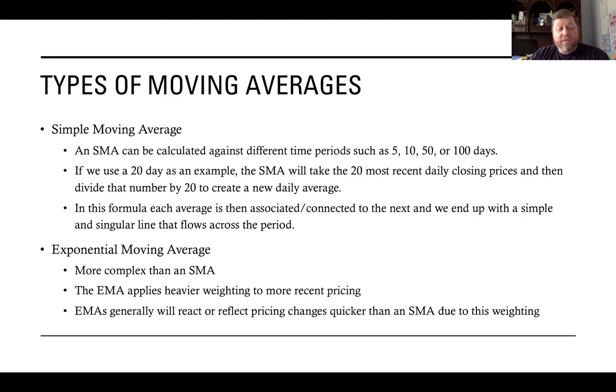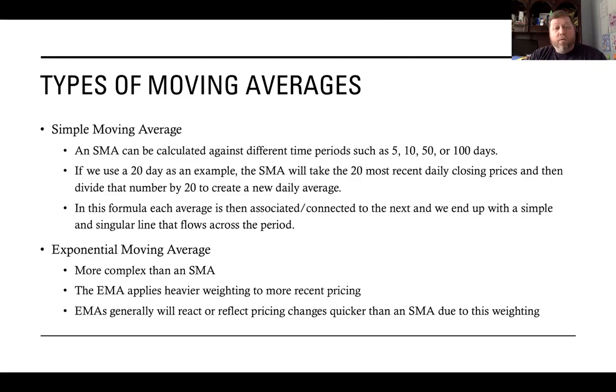Now, what's different is in the EMA model, we put more strength or more weighting on the most recent pricing, because in this model, what we're saying is, hey, the pricing from days ago, weeks ago, years ago, it's important to know those numbers. But the most recent period of time, those most recent average prices, are more likely to have a heavier weighting on what happens in the subsequent days ahead.